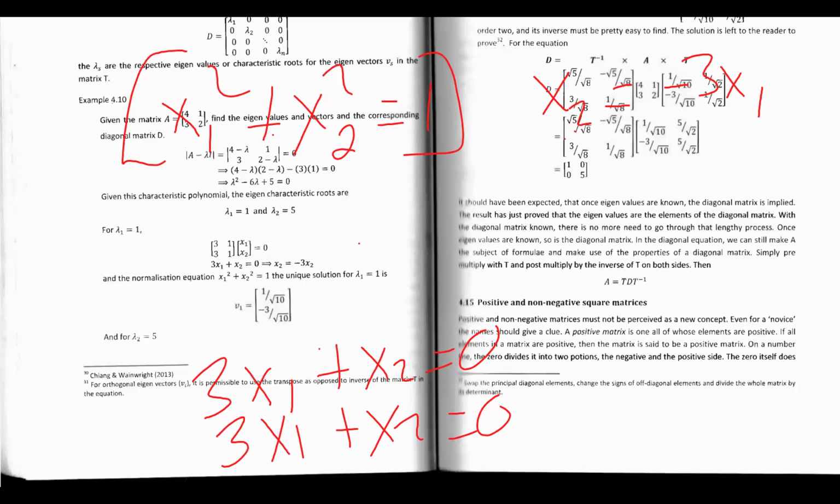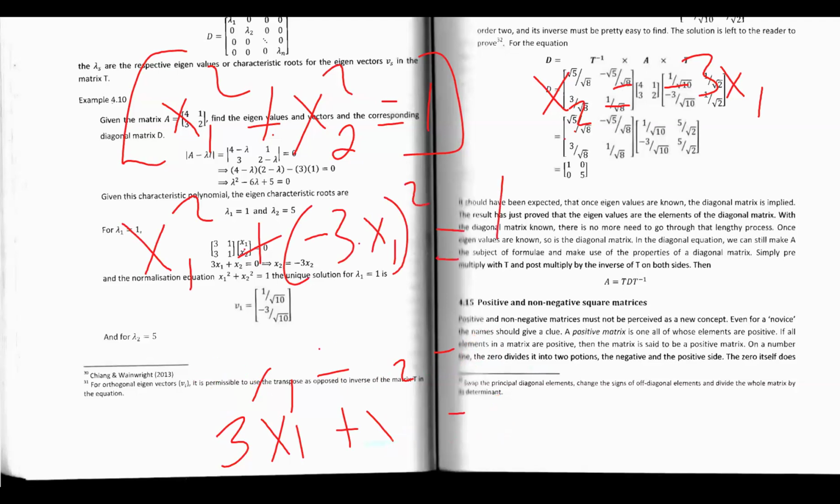So in this case, it will be x1 squared plus, where there is x2, negative 3 x1, squared equals 1. And we know that this square is for everything, right?